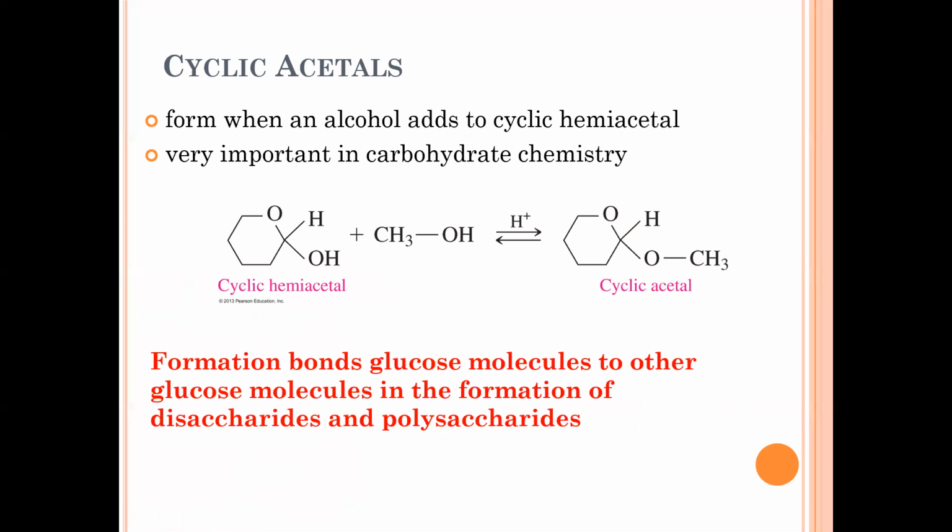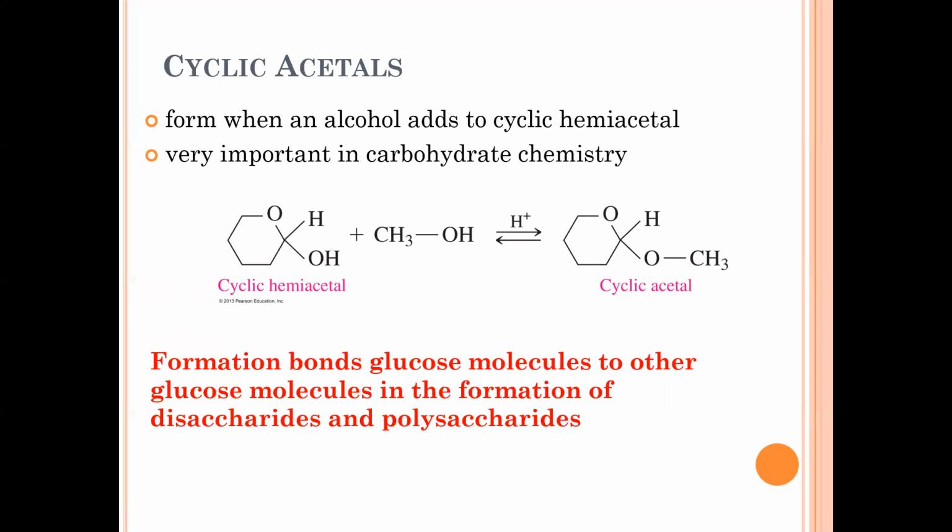So when we talk about cyclic acetals, we can add an alcohol to a hemiacetal and we can form an acetal, a cyclic acetal. And what's really interesting and what I would like you to know, bolded in red, is that when we start bonding glucose molecules together and forming disaccharides or polysaccharides, that glycosidic bond that holds those glucoses together is actually an acetal.